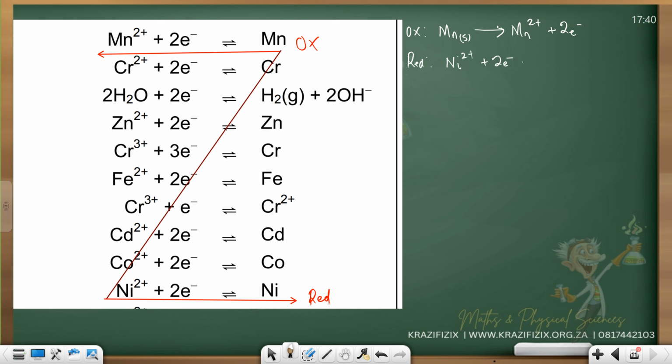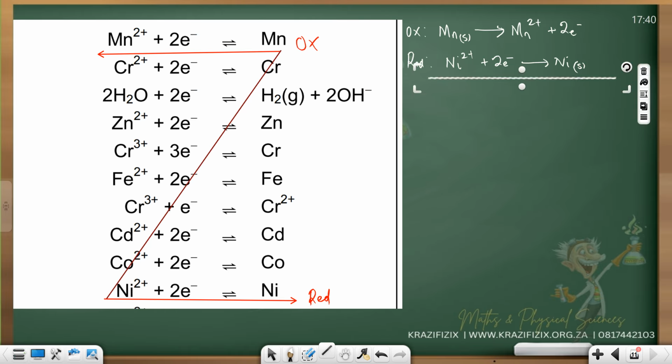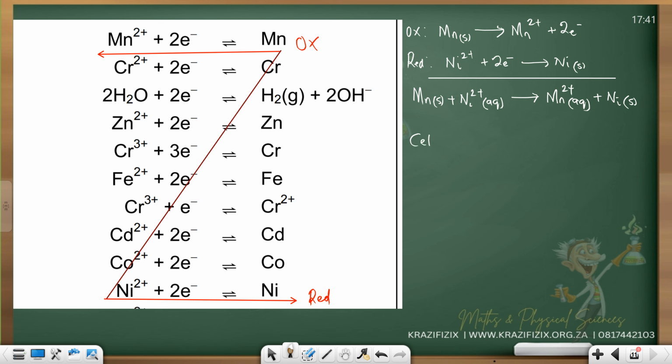So we look at the electrons. Since they are balanced, we just write what's on the left to the left and what's on the right to the right. Mn solid plus Ni2+ aqueous gives Mn2+ aqueous plus Ni.